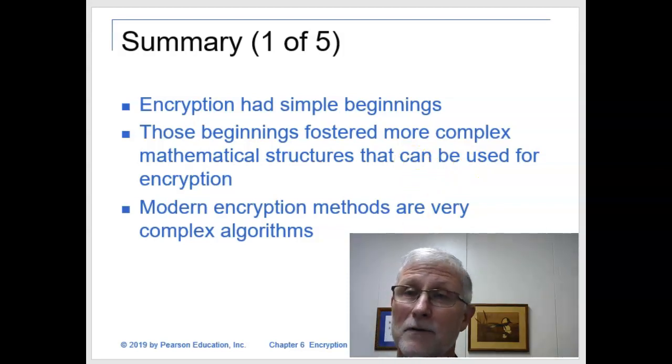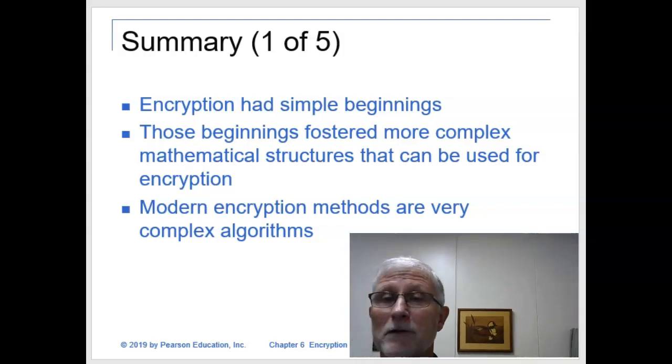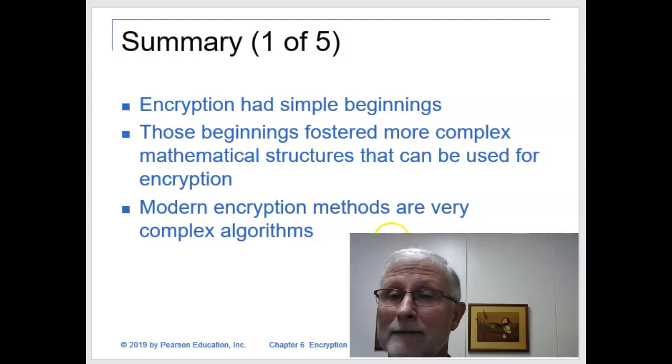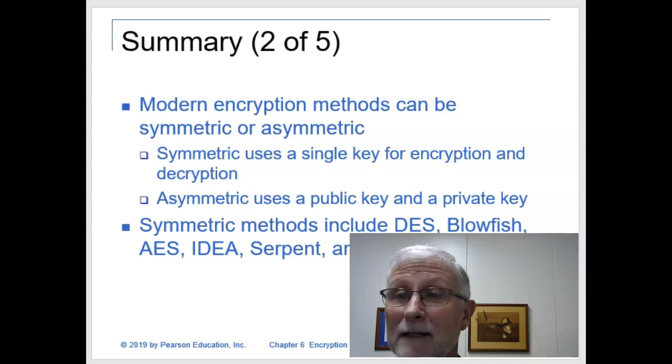So in this chapter on encryption, we've covered a lot of material. One, just remember, it had a very simple beginning, switching letters, and became more mathematical. The modern methods are very complex.